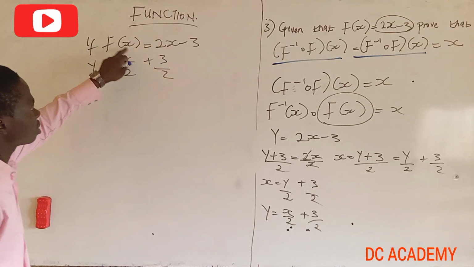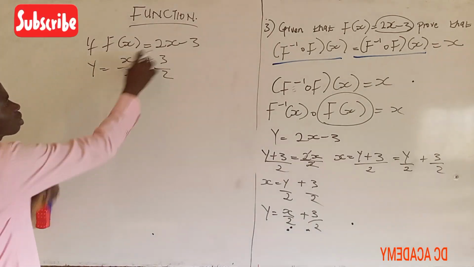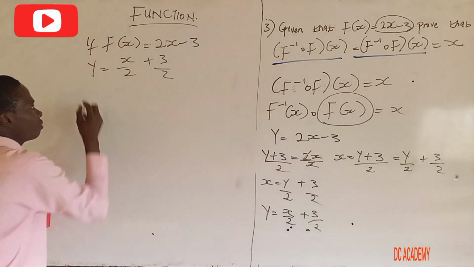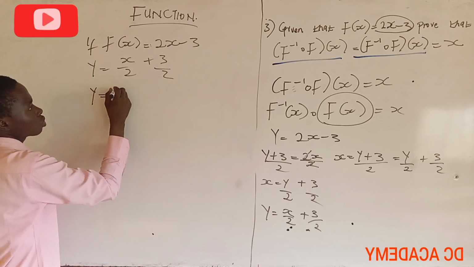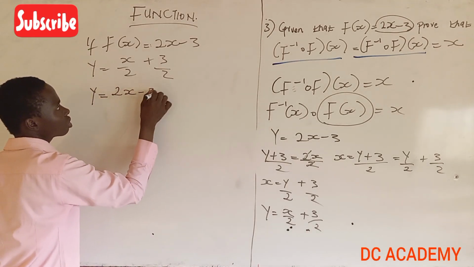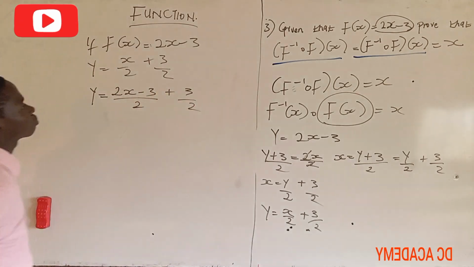I put this inside this. That means take this input x. Now we have y equals (2x minus 3) over 2 plus 3 over 2.